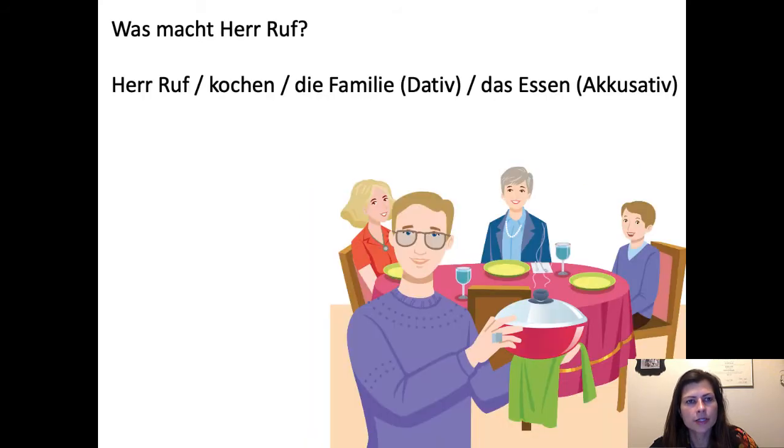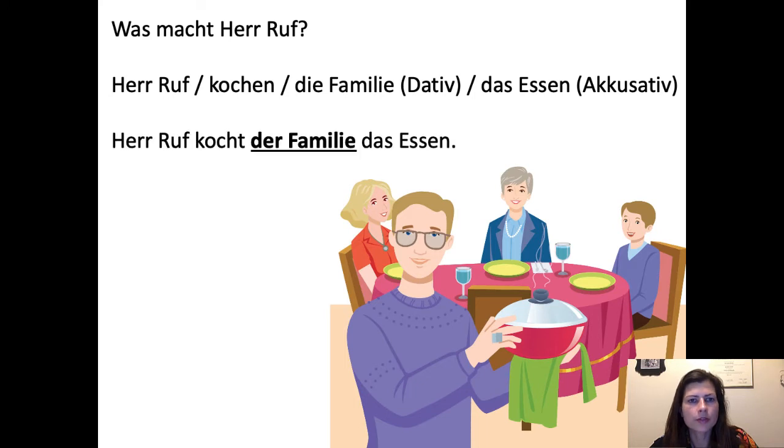Or this other situation, was macht Herr Ruf? What is he doing? Herr Ruf is cooking the food for the family, or Mr. Ruf cooks the family the food or the meal. So, Herr Ruf kocht der Familie das Essen. You can see, die Familie is feminine, but now we want it in dative, so it's going to be der Familie.